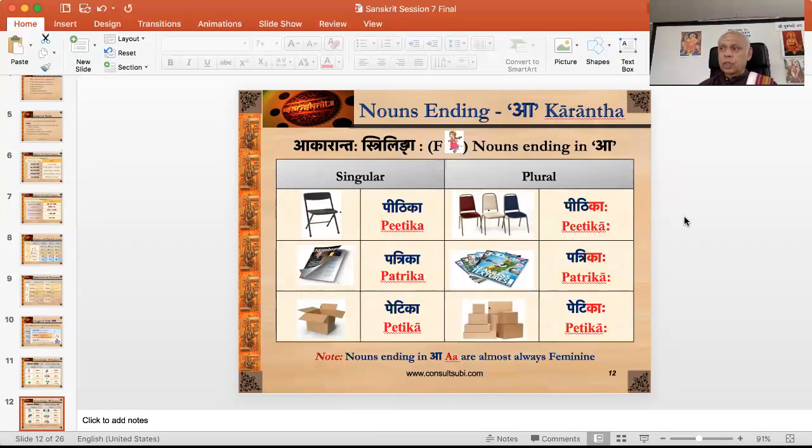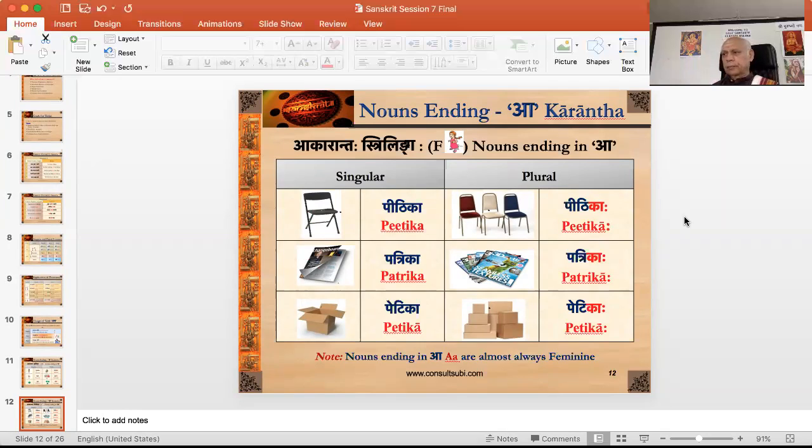What about those which already have an ending in a? Like pitika, pitika, pitam. This is a chair. So you say pitika. There again, when you want to extend it to plural, you say pitikaha.